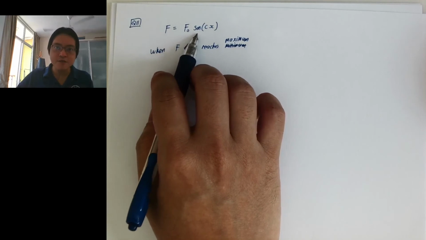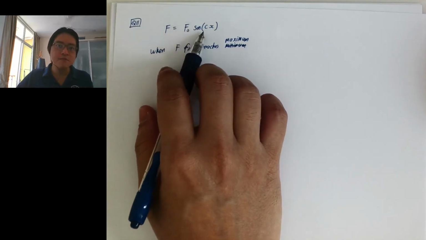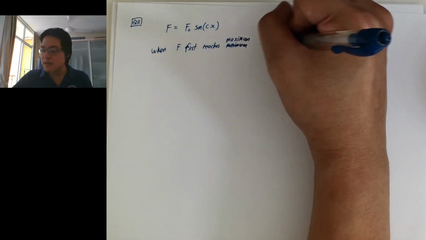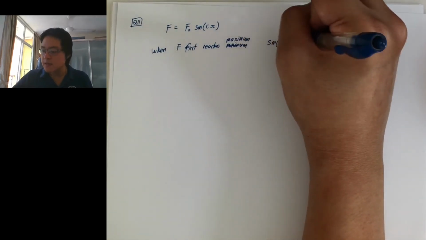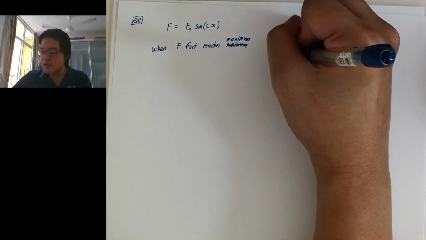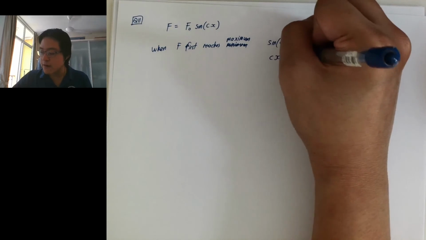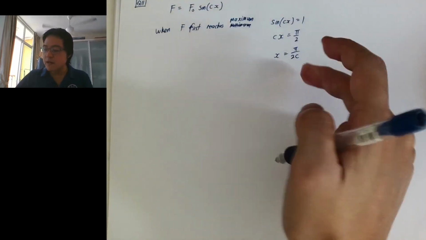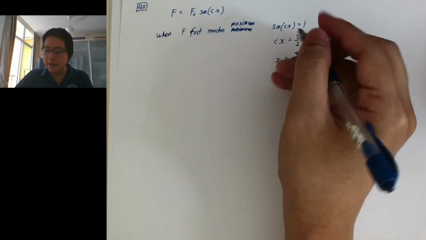It's a sine function. To make this number the largest possible, sine must be equal to 1. It cannot go any higher. So it reaches maximum when sine cx equals 1. The first time this happens, starting from x equals 0, is where cx is equal to pi over 2, which is to say that x is equal to pi over 2c. So this is the point where it reaches the maximum.